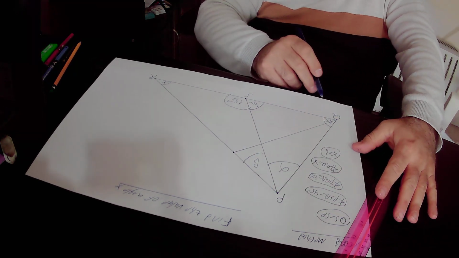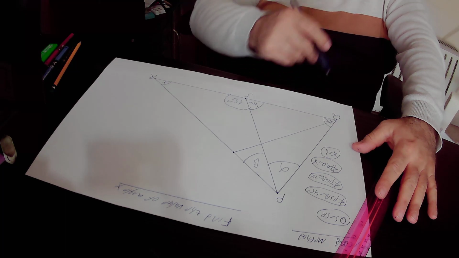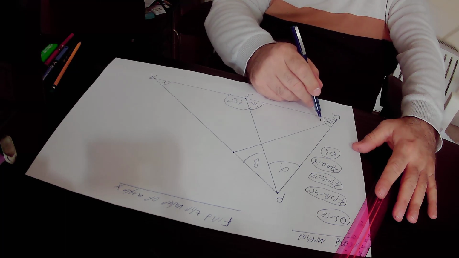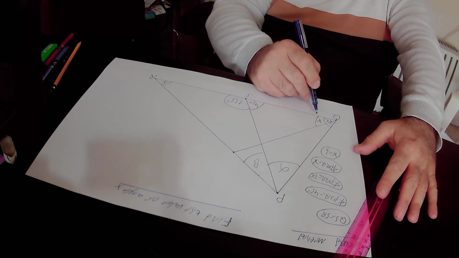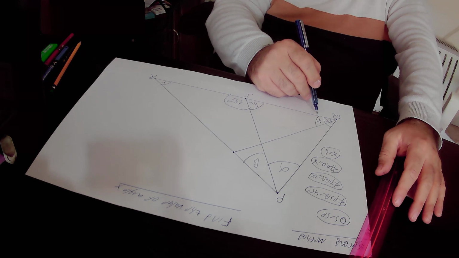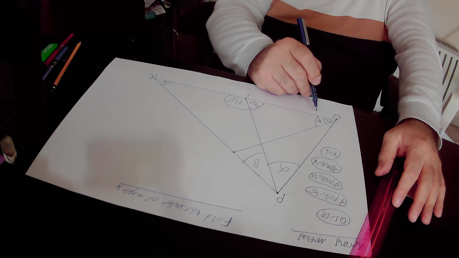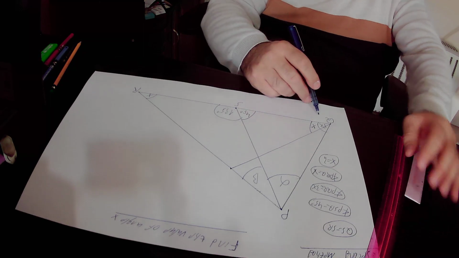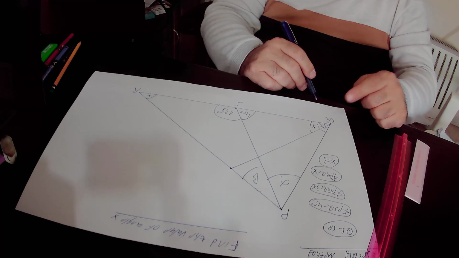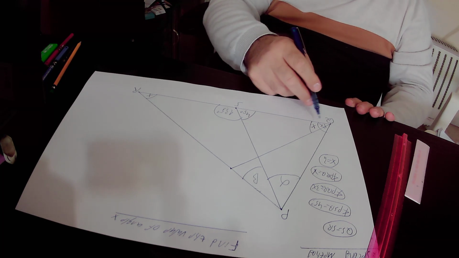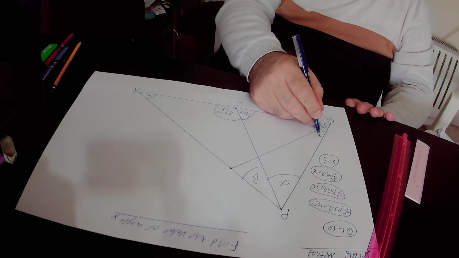So actually, this angle equals x. It equals x because we built it in such a way that it will be equal to x. Okay? So we know that angle PQR equals 3x, and this angle equals x. So the rest must be equal to 2x.